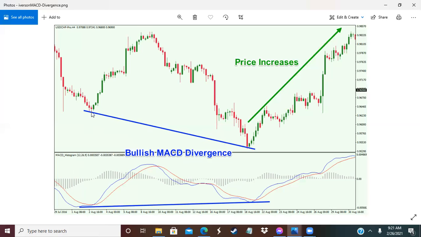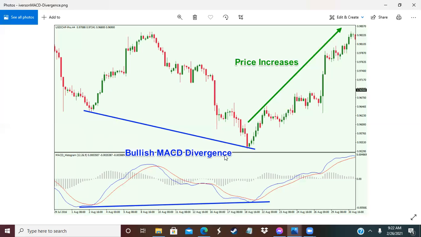You want to connect the swing low on the chart to the swing low on the MACD. That should be essentially above each other vertically. It doesn't have to be exact, but it needs to be really close. So they're right above each other vertically and they're moving in opposite directions. This one's going up while this one is going down. And when that happens, that's called divergence.